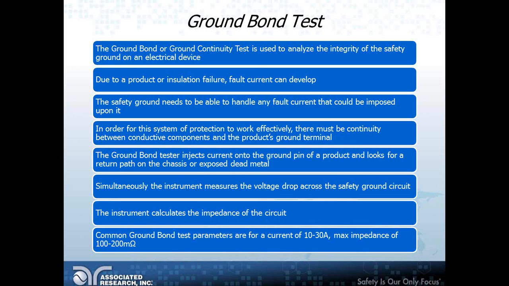Again, these are just the most common parameters, and we highly recommend that if you are trying to set test parameters, always consult the safety testing standard you're trying to comply with to set the correct parameters.